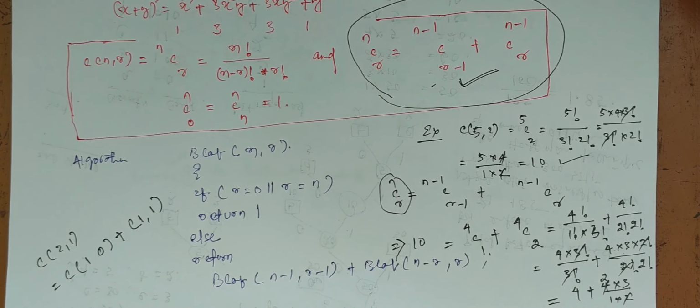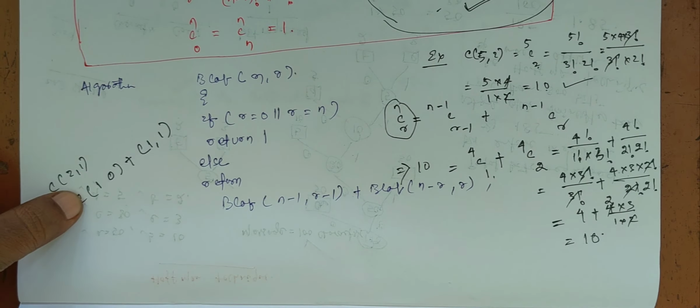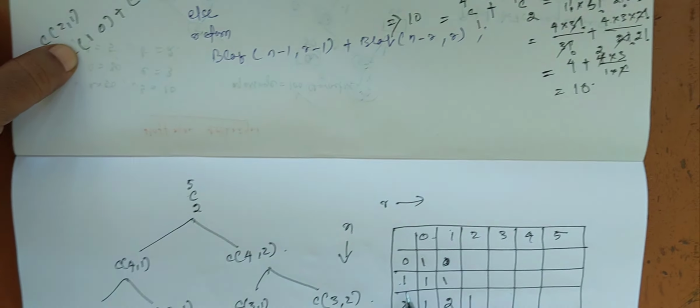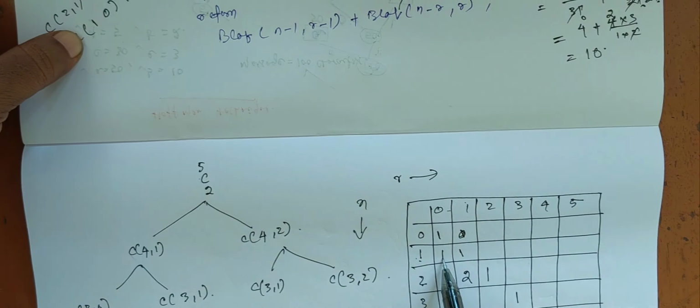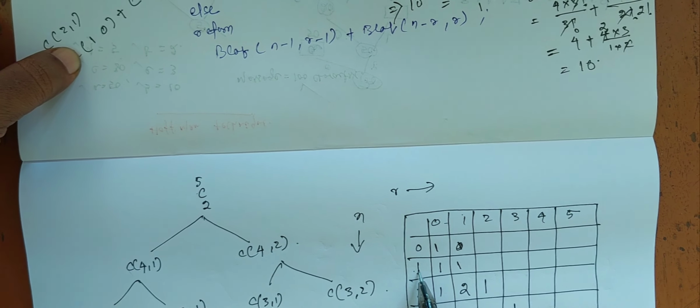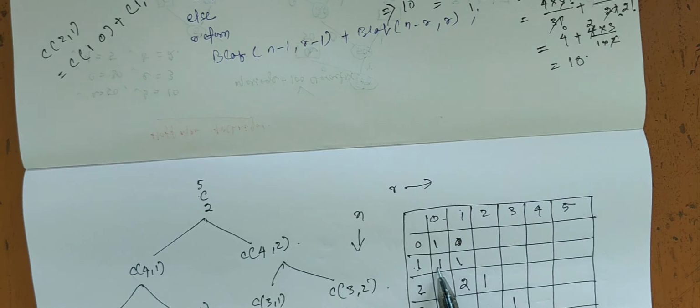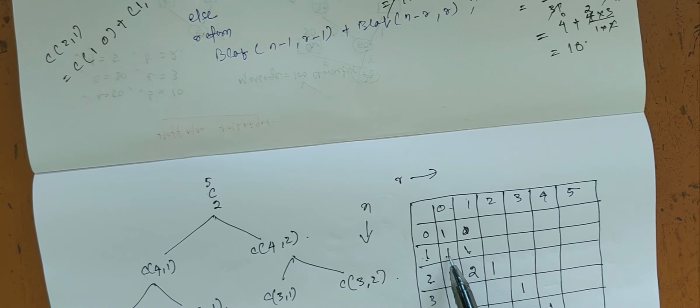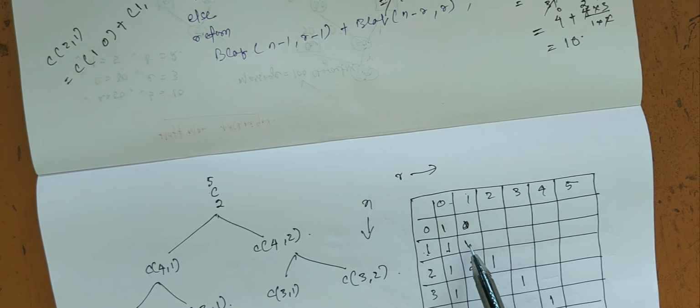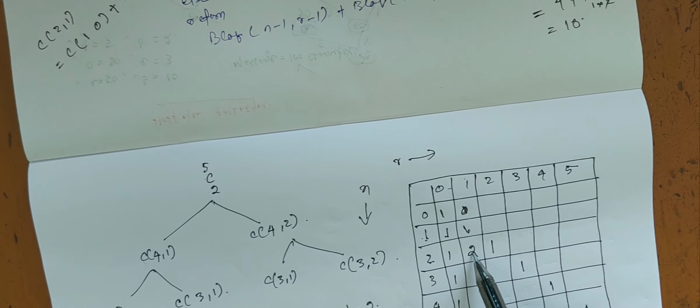So C10 is 1 plus C11 is 1. So by adding these two, just the upper box and its left box, I am getting this result.